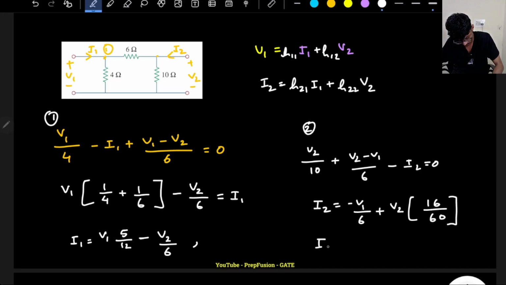So I2 equals minus V1 divided by 6 plus V2 into 4 by 15.